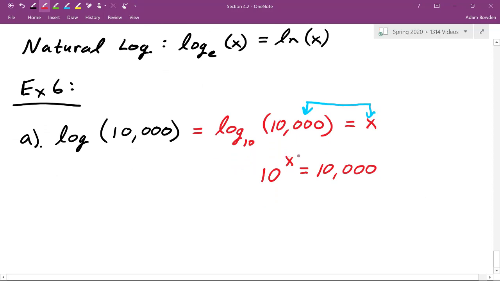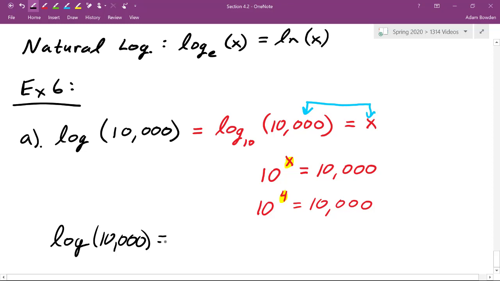So what power x would you have to raise 10 to get to 10,000? Indeed, that would be 10 to the fourth power is 10,000. So the fourth power is the exponent, and what we say is that log of 10,000 is equal to 4.